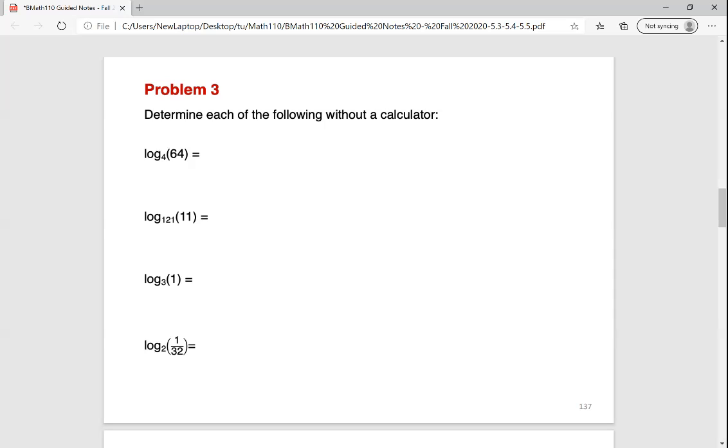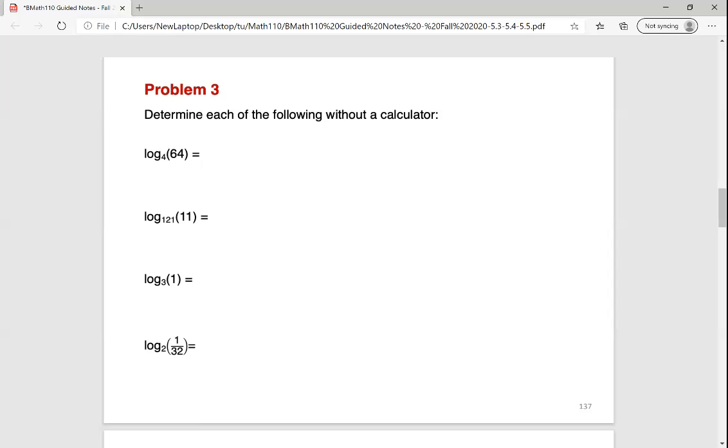So let's go to problem number 3 here and try to apply the inverse property, or method number 1, to determine each of these logs. I know that the first one has base 4, right?